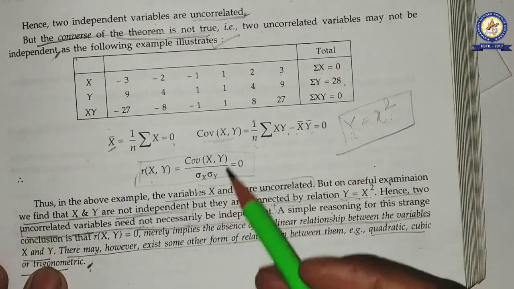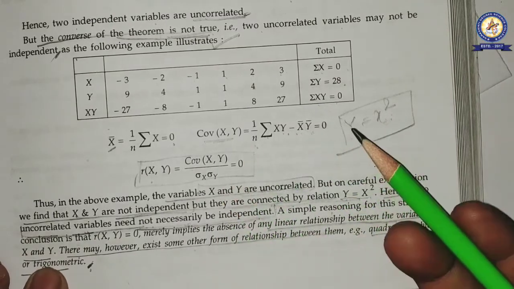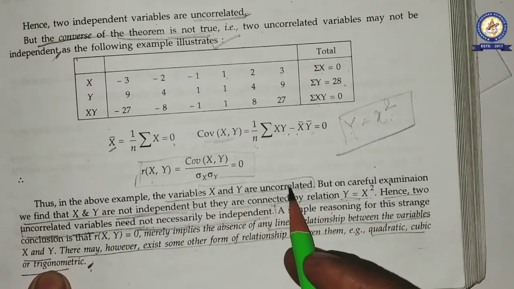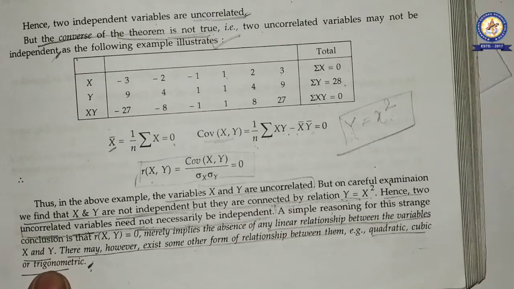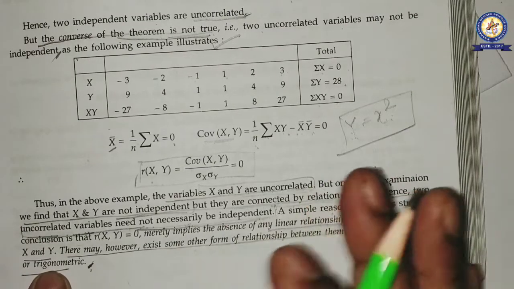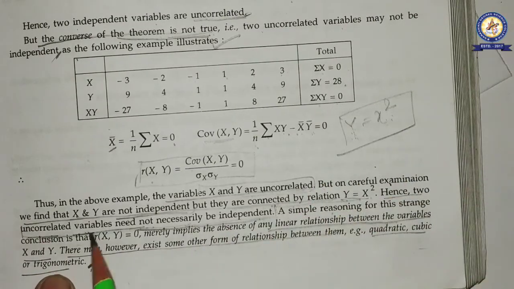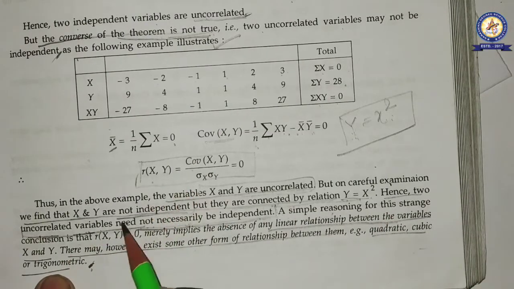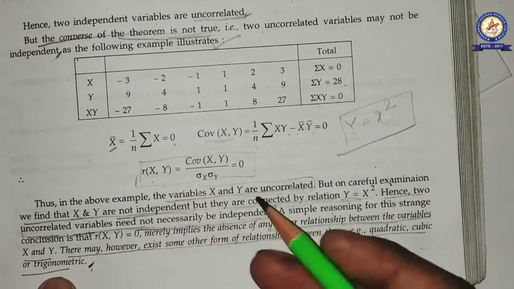So here we found that x and y are dependent. It does not mean that if x and y are uncorrelated, they are going to be independent. That is not always true. So two uncorrelated variables need not necessarily be independent.